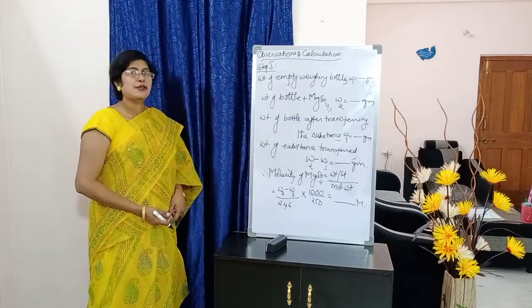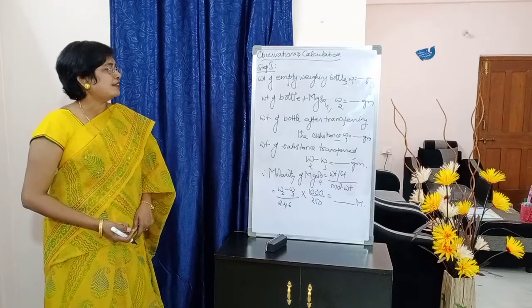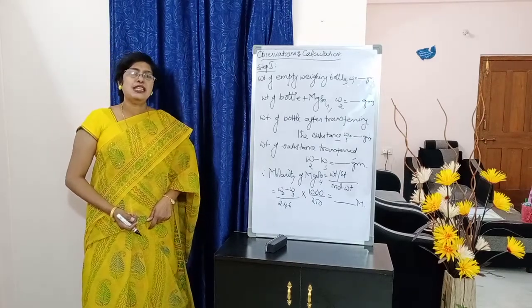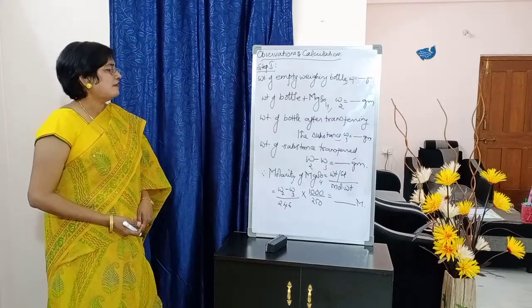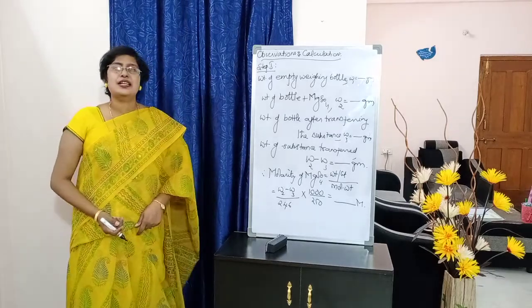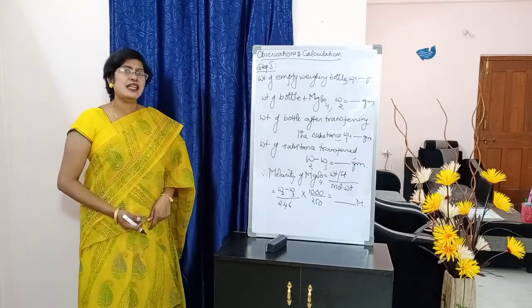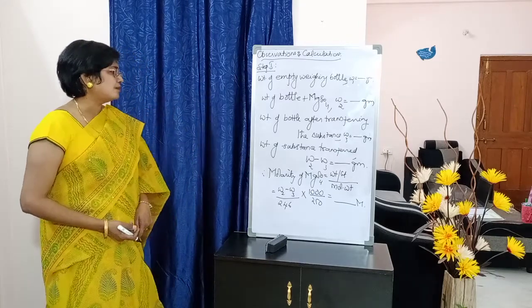That is W2 equals to dash grams. Next, weight of the bottle after transferring the substance, W3 equals to dash grams. Next, weight of the substance transferred into the flask. We will get it from W2 minus W3, which is equal to dash grams.